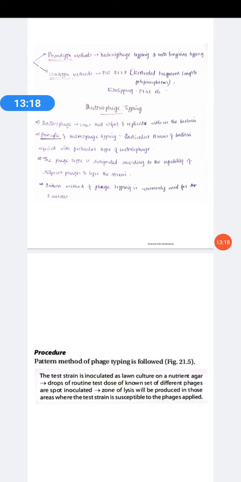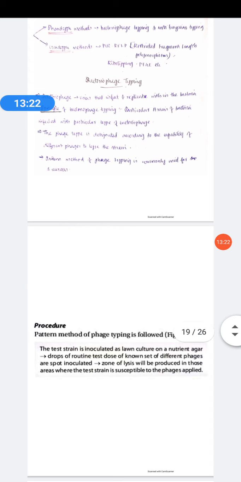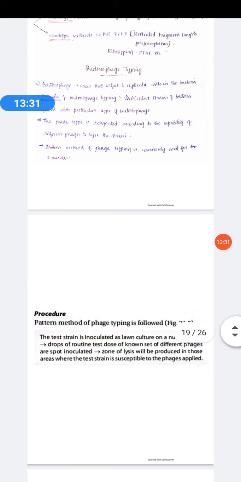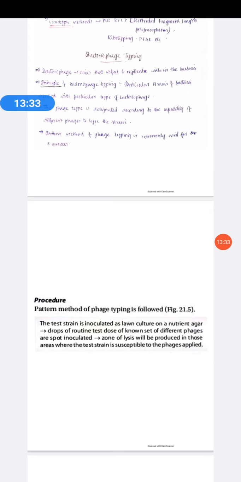So we can easily identify with this specificity. The phage type is designated according to the capability of different phages to lyse the strain. Mainly, the pattern method of phage typing is commonly used.